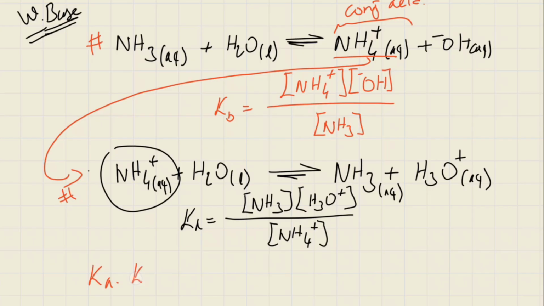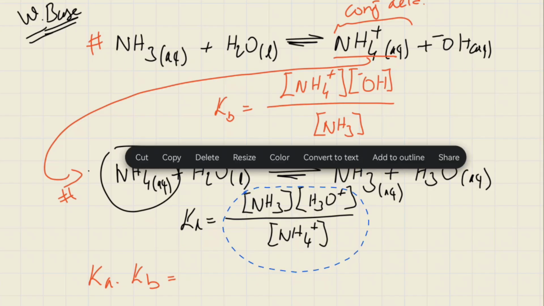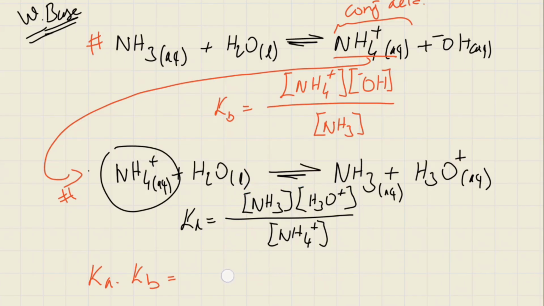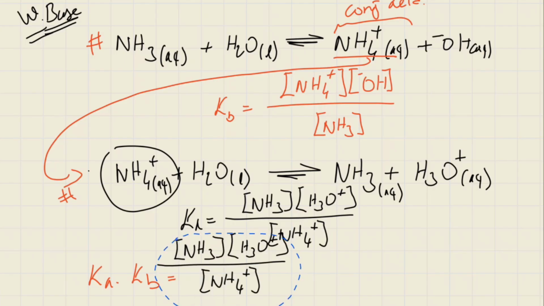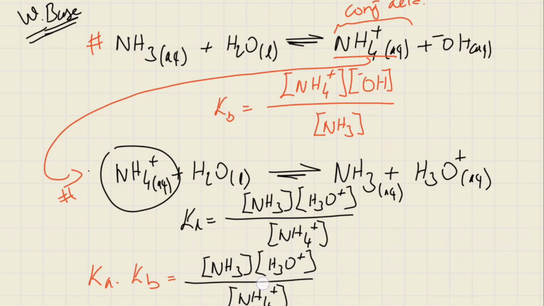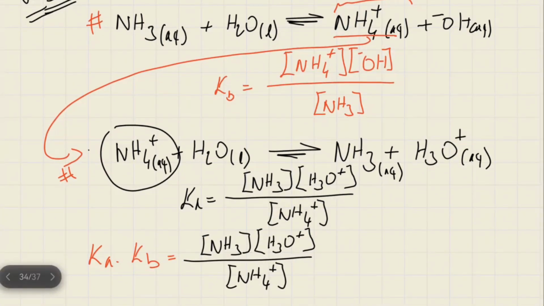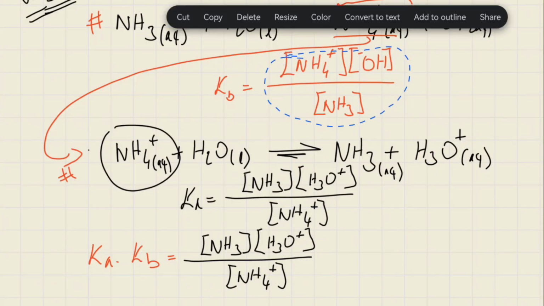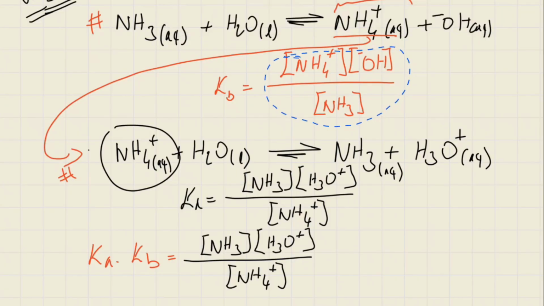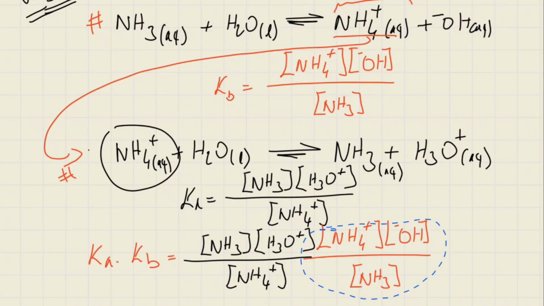Ka times Kb is equal to Ka, so I will copy this and paste here. And I will copy the Kb value and paste.